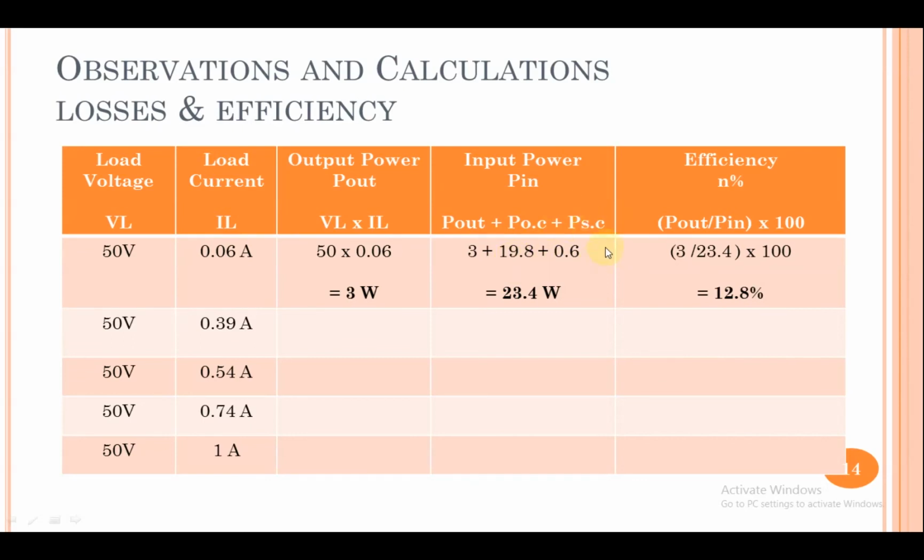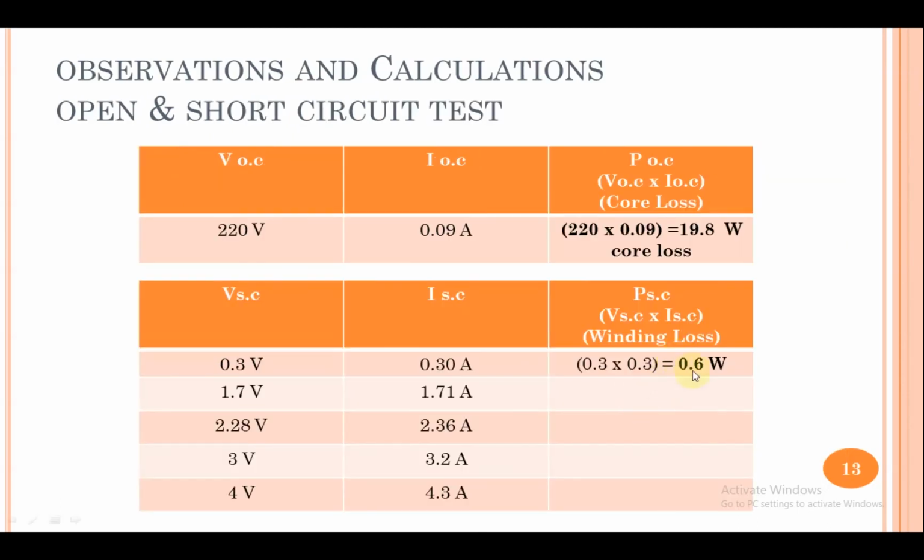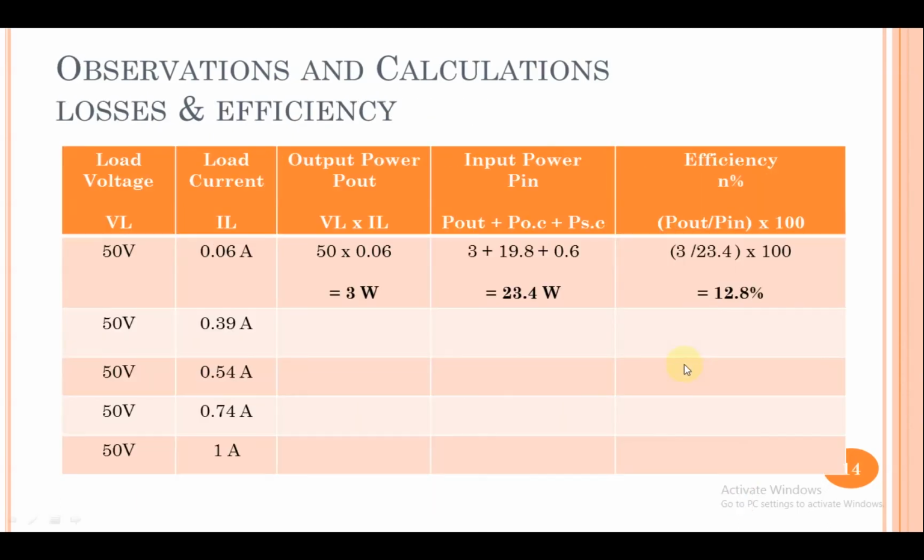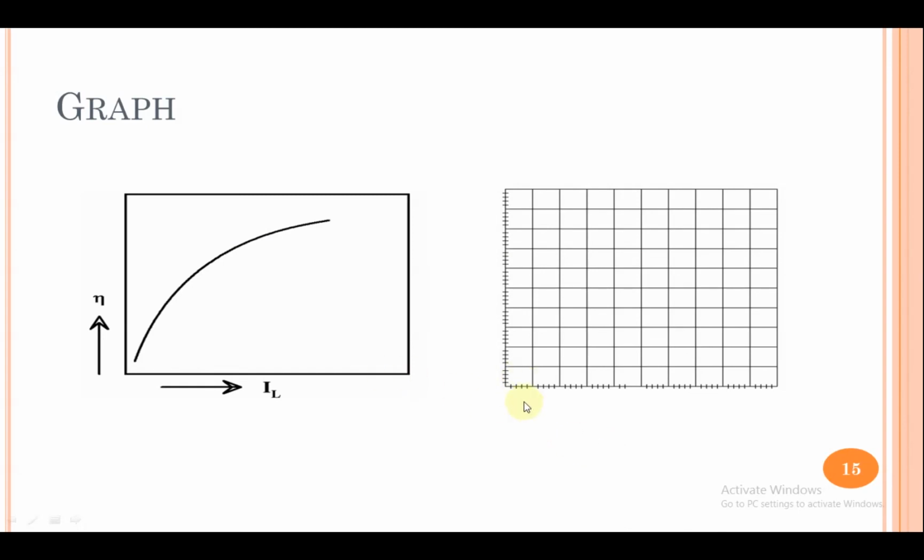And then for the short circuit test, you see that here it is 0.6 watt for the first reading, and the input power is 23.4. Then the output and input are divided for the efficiency, and you can calculate the other readings as well.